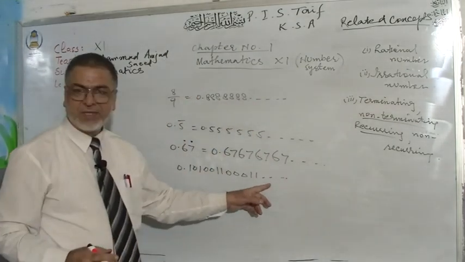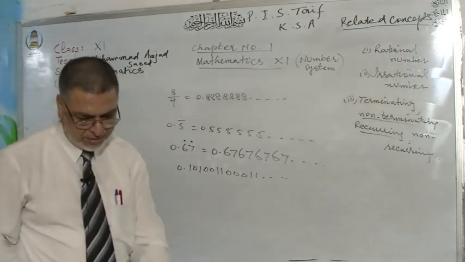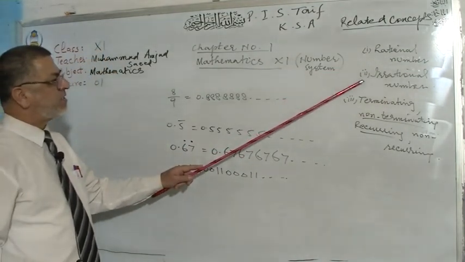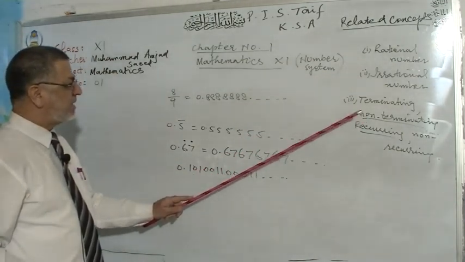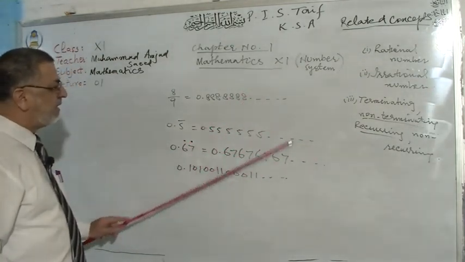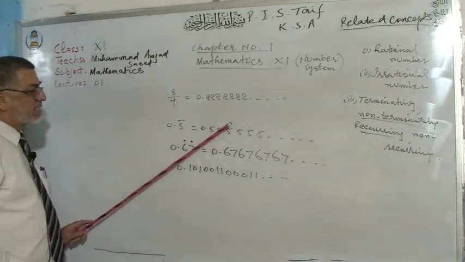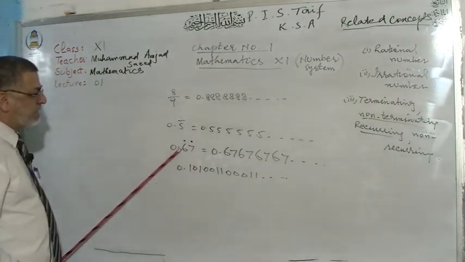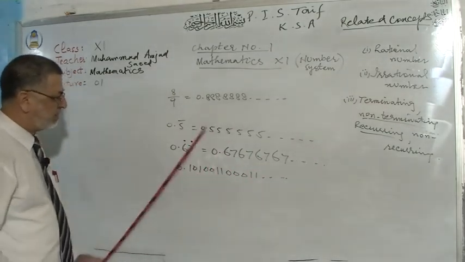non-terminating, has no end. So my dear students, so far we have discussed rational numbers, irrational numbers, terminating fractions, non-terminating fractions. Recurring fractions are indefinitely, infinitely repeated, for example, this 0.67 with dots, where the block of 67 is repeated.